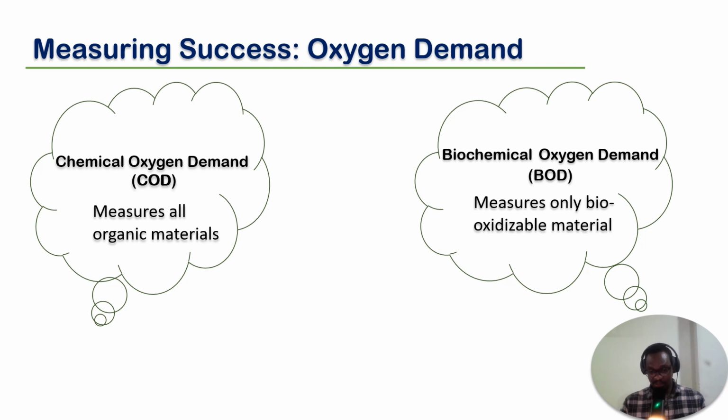The other one is looking at COD, or chemical oxygen demand, which looks at the oxygen needed to oxidize both organic and inorganic materials, while BOD, which is biochemical oxygen demand, looks at the oxygen needed to break down only the organic portion.